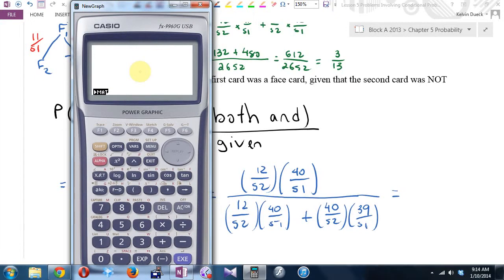Uh-oh, I'm making you figure it out now. So look at the tree, look at the symbols, see if you can figure it out.